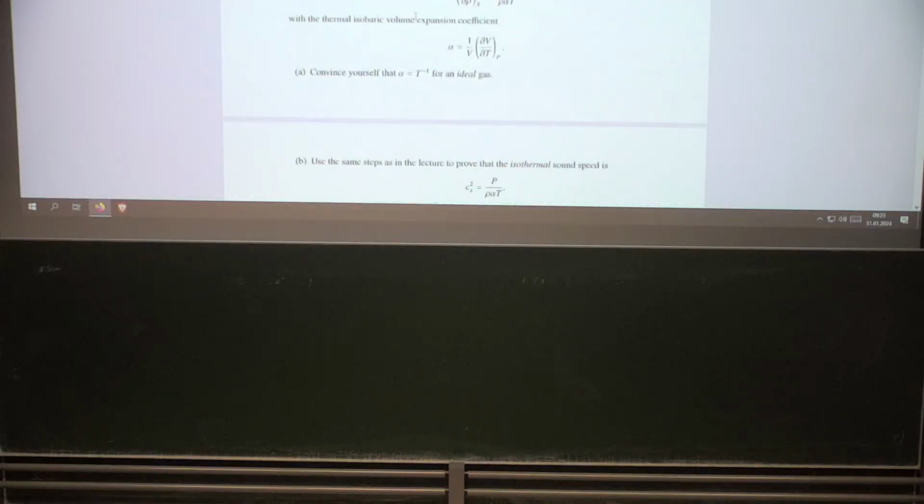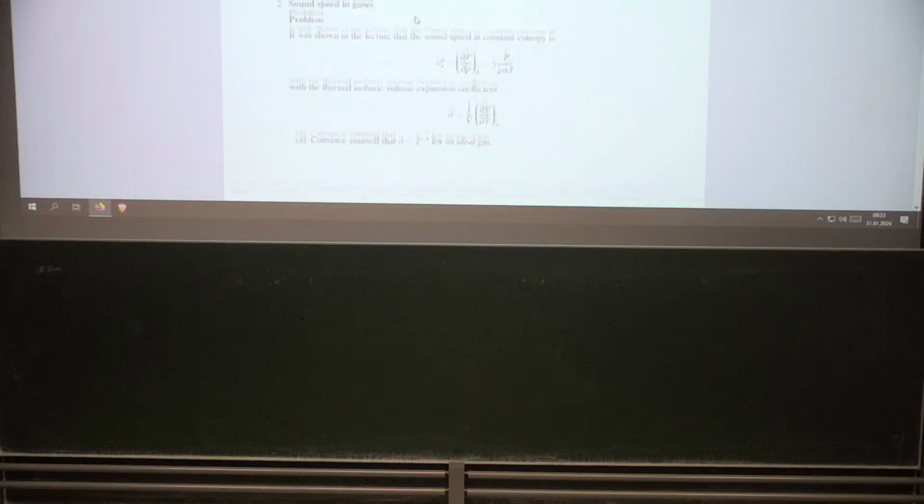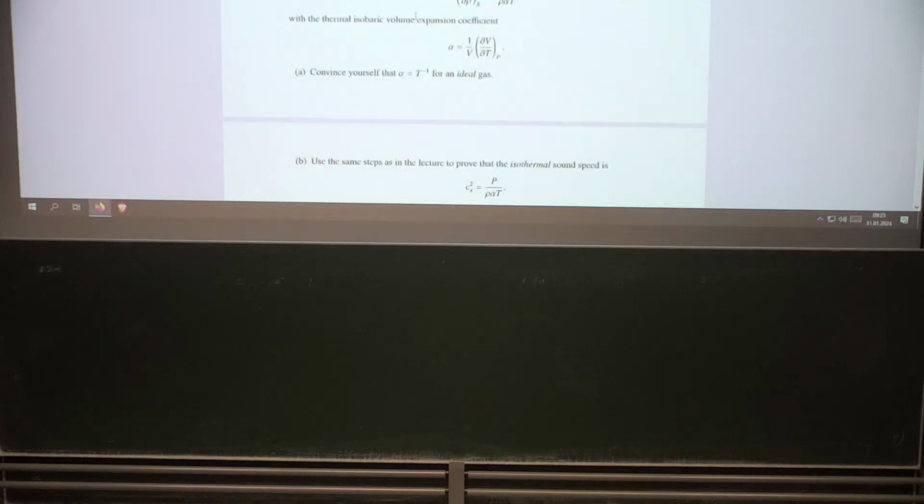Because I took the given Bernard's equation and took as correction every term that's in addition to the ideal gas. All right, let's see, what's the problem? It was shown in the lecture that the sound speed at constant entropy is this.